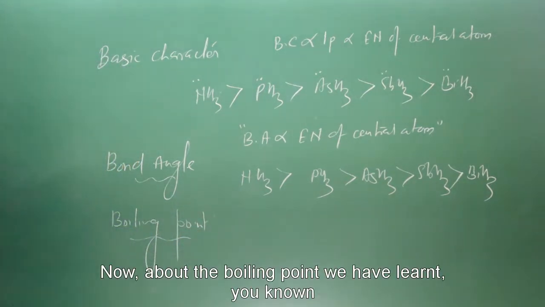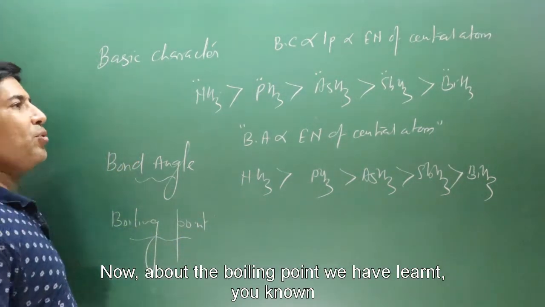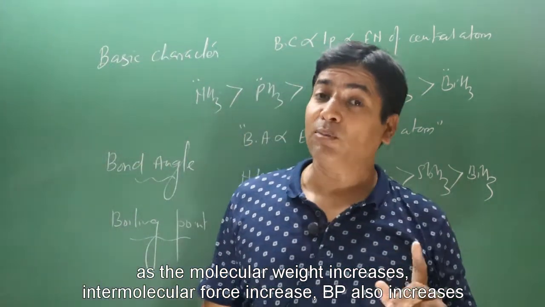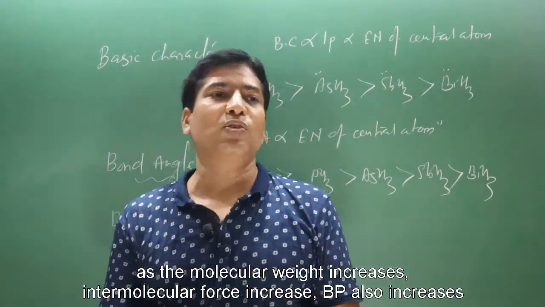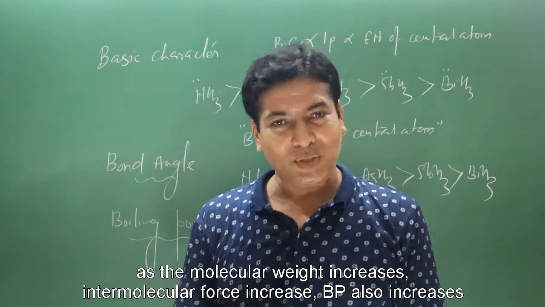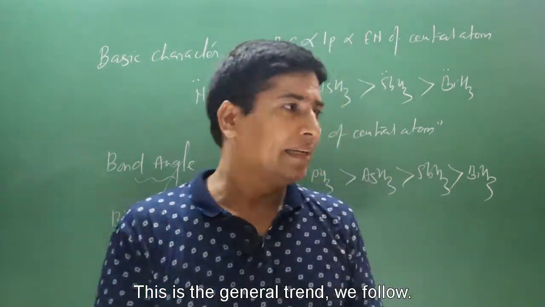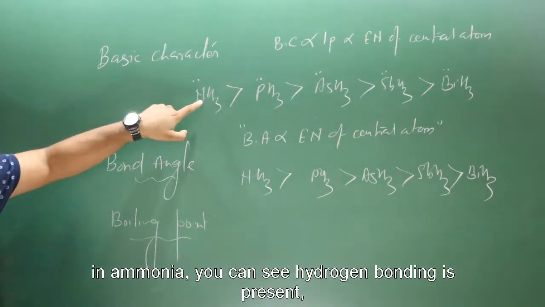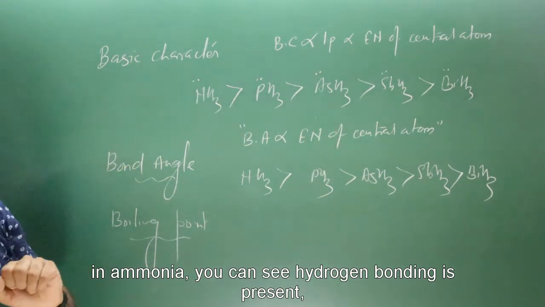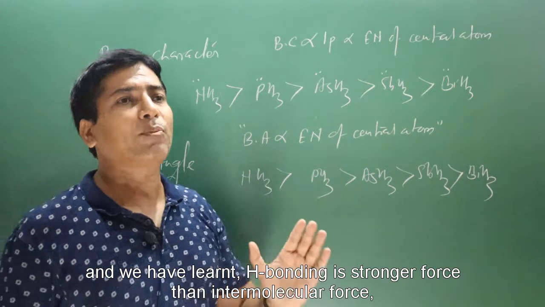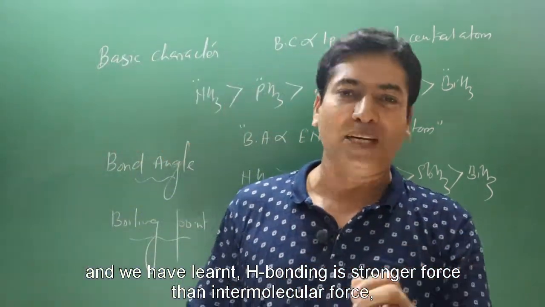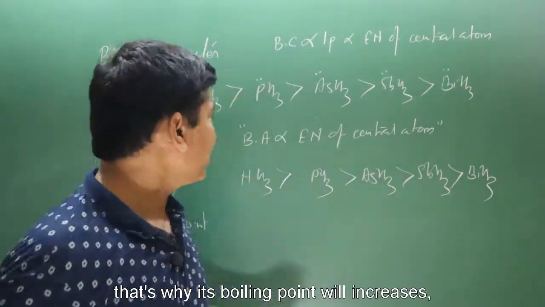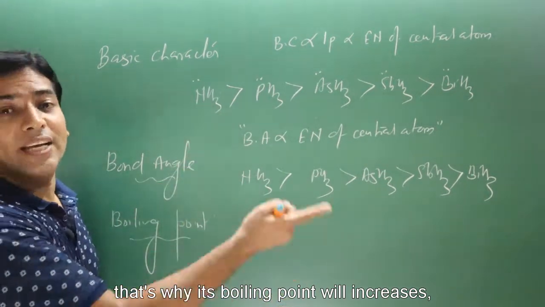Now about the boiling point, we have learned as the molecular weight increases, intermolecular force increases. As the intermolecular force increases, boiling point also increases. This is the general trend we follow. But if you look here, in ammonia hydrogen bonding is present, and we have learned hydrogen bonding is a stronger force than other intermolecular forces. That's why its boiling point will increase.